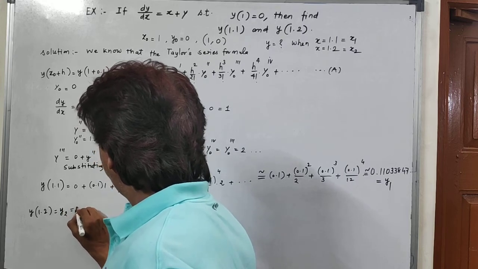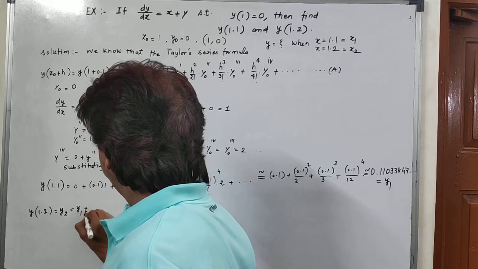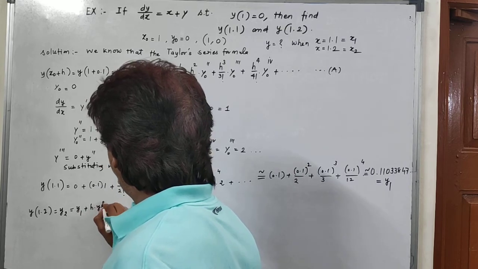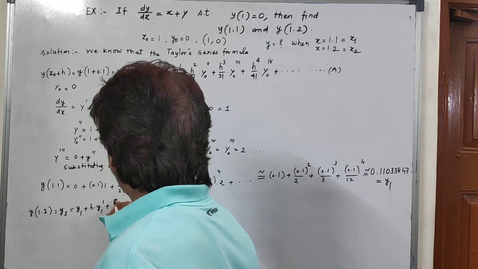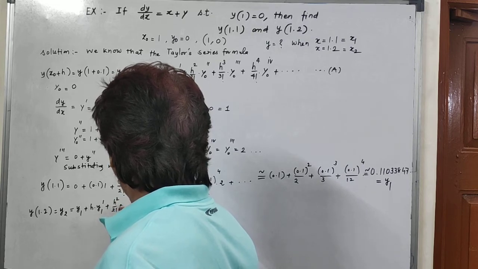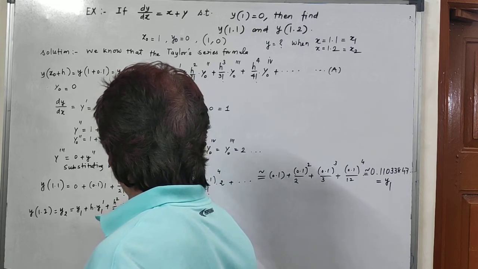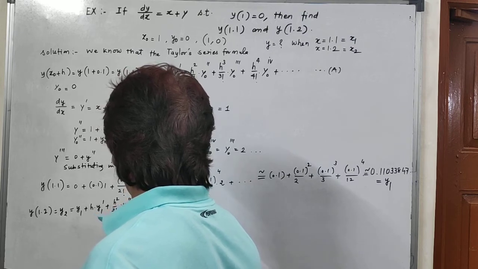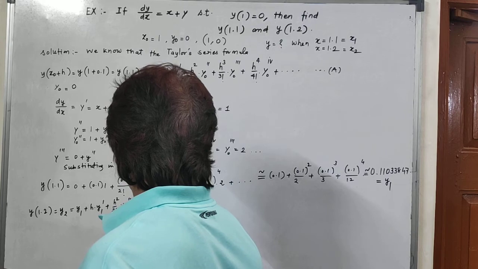I have given you the formula. It is equal to y1 plus h y1 prime plus h square by 2 factorial y1 double prime plus h cube by 3 factorial y1 3 dash plus and so on.